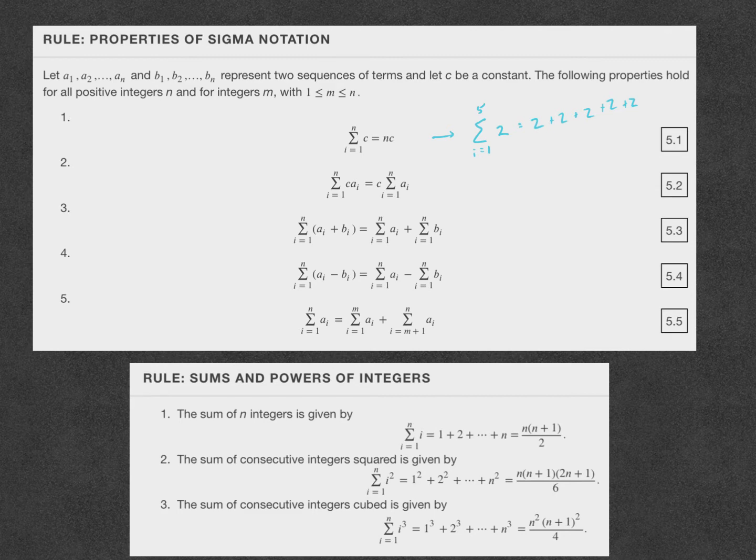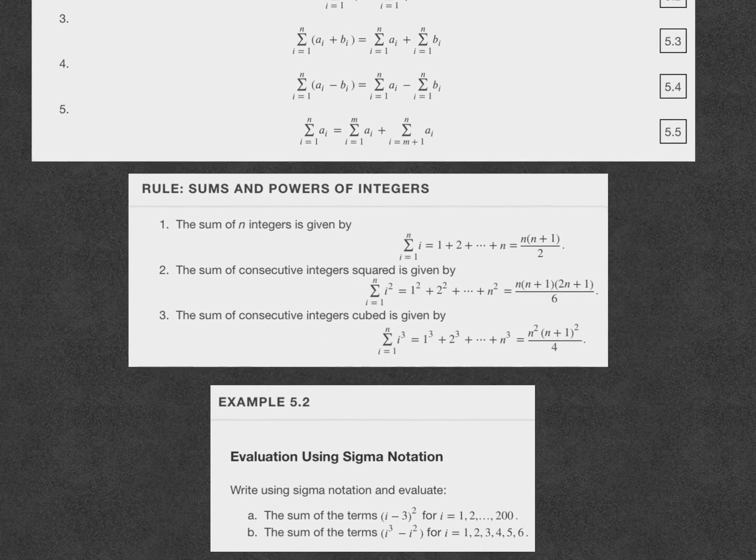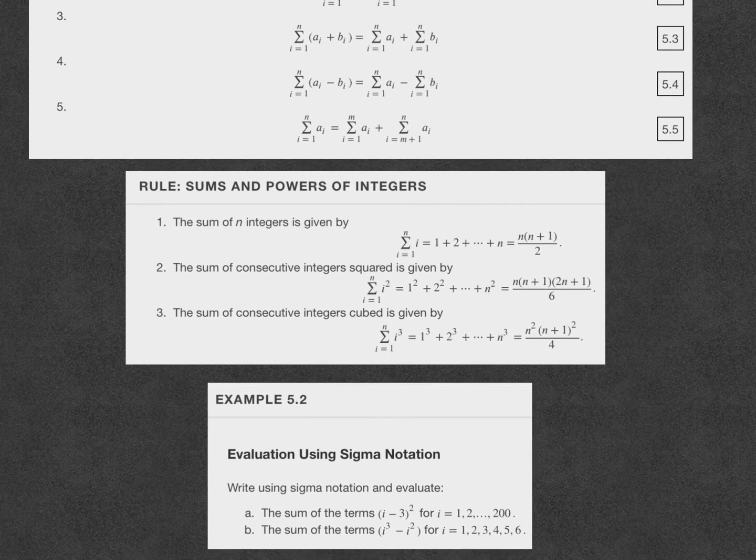The next table, as I scroll down, is just a couple more formulas for summations. If I'm going from i equals 1 to n, and my expression is i, then the formula for that is n times n plus 1 over 2. If I'm summing a bunch of terms that are i squared, then the formula, a little more complicated looking, but ultimately one we can plug into, is n times n plus 1 times 2n plus 1 over 6.